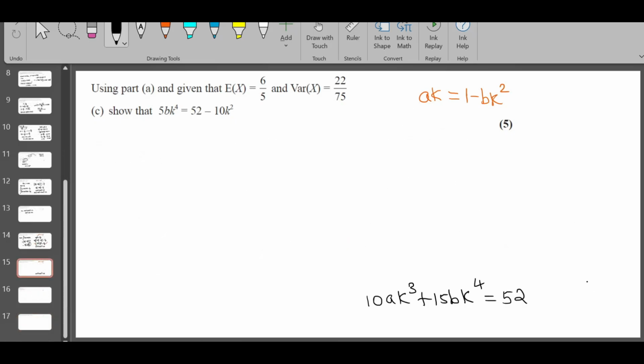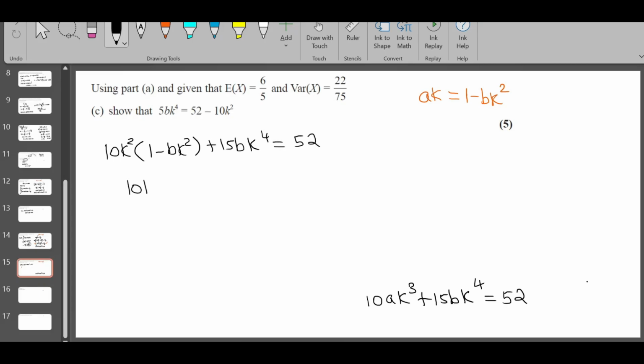So we have this step. I'm going to write it as 10k square times ak, the first term. Why am I doing that? So that I can replace ak by this. So I can straight away write it as 10k square times 1 minus bk square plus 15bk power 4 is equal to 52.